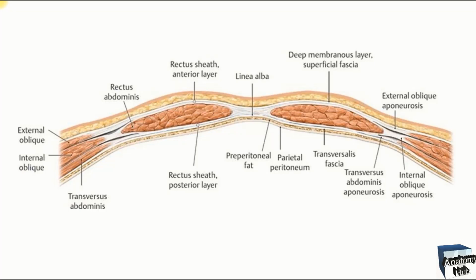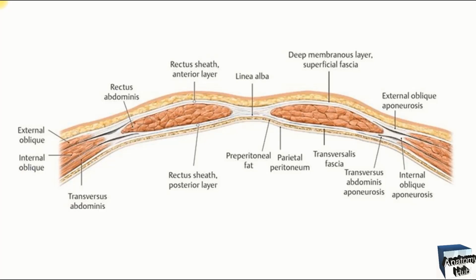This rectus sheath encloses the rectus abdominis muscle, that you can observe over here, and the pyramidalis muscles also, on either side of the anterior midline.